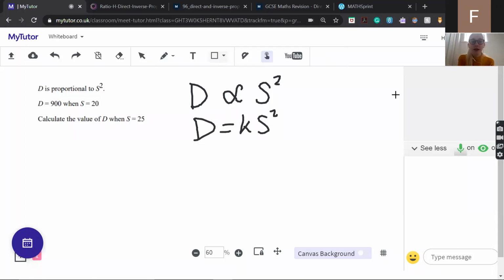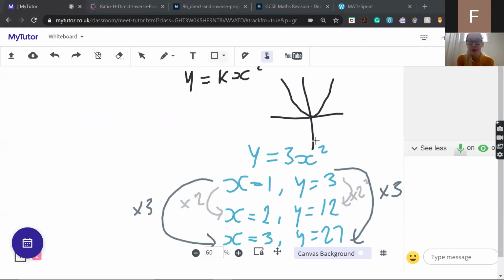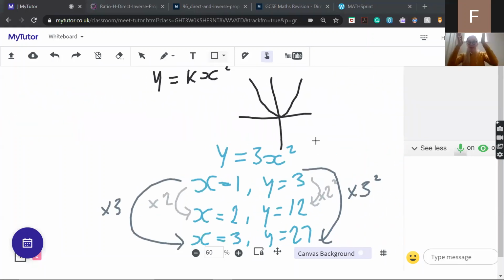Okay, first of all, someone said, what does the K mean? It's the constant of proportionality. So it's basically the gradient of the line. Or in this case, with the squared, it's how quickly it increases. So whether it's 3 times x squared or 4 times x squared.